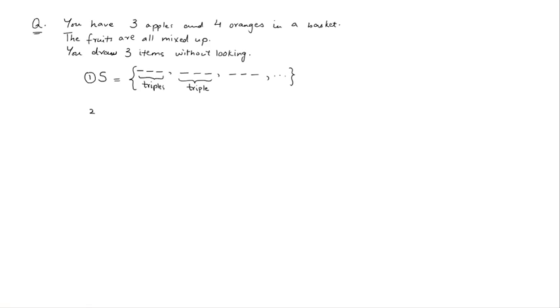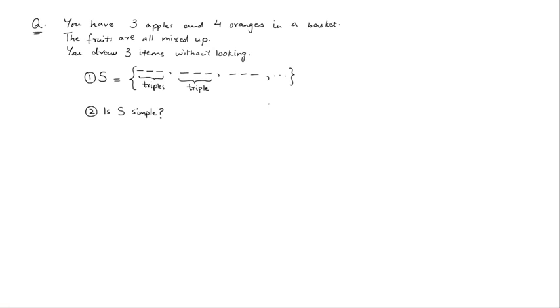The second step is you ask yourself, is your sample space a simple sample space? Which means is each outcome, is each triple equally likely? Since the fruits were all mixed up in the basket, there should be an equal chance of obtaining any triple of 3 items.